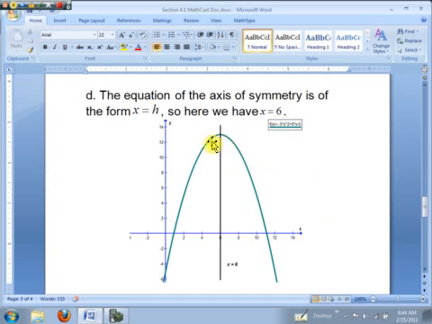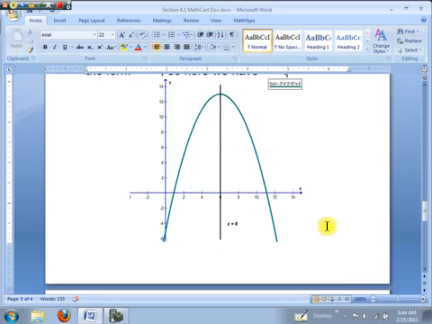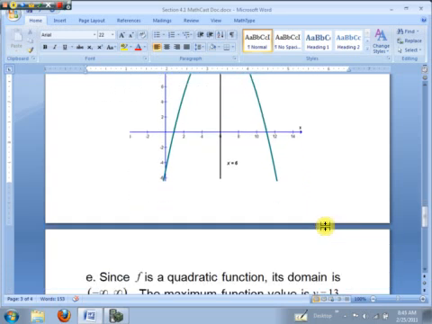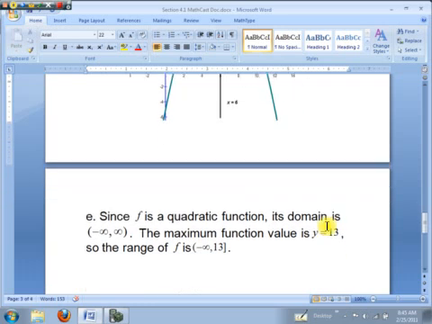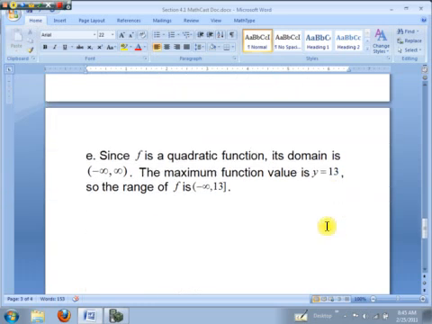And then finally, we want to find the domain and range of the function. The domain of any polynomial function is the whole real line. In other words, the domain is negative infinity to infinity. To find the range, well, that's where we make use of the vertex.